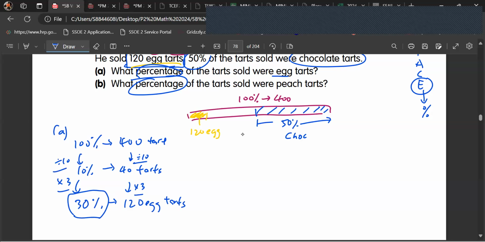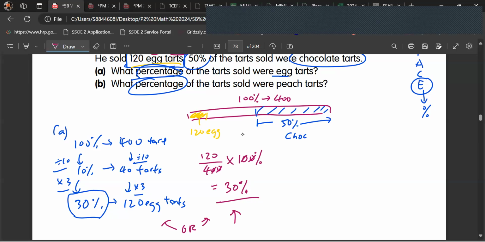Otherwise, I will just use the other method, the fraction method. 120 tarts out of all the tarts times 100%. See, very straightforward. Cancel. 120 divided by 4, 30%. One step, get it ready. So you choose either this method or this method. Personally, I like the fraction times 100% because my motivation is not bad.